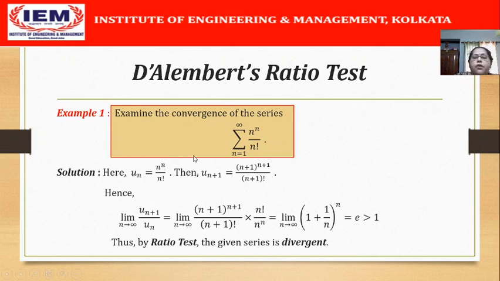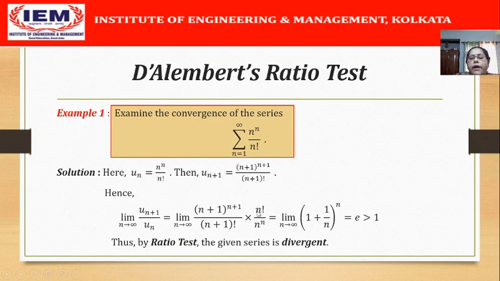And now let us form the ratio and take the limit. So limit n tends to infinity, un plus 1 by un. This is limit n tends to infinity, n plus 1 to the power n plus 1 by factorial n plus 1. And our un is n to the power n by factorial n. So it gives us multiplied with factorial n by n to the power n.